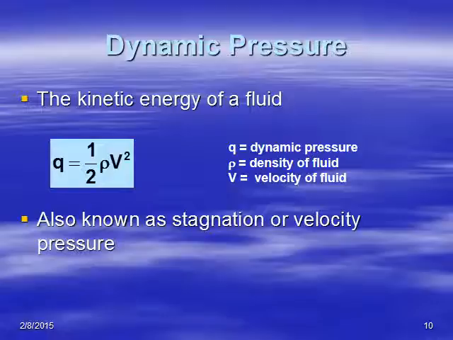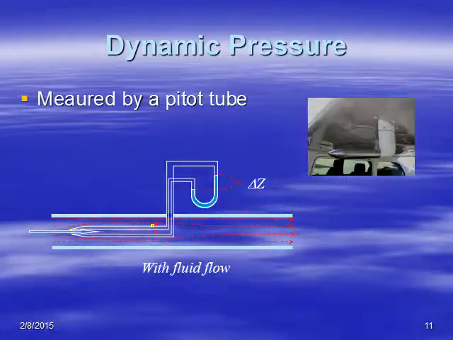So basically, if you're moving along and you're able somehow to slow the air down, I guess by a flat plate against the wind, as the wind strikes the flat plate, that's your dynamic pressure. I should also say the dynamic pressure is measured by a pitot tube in airplanes, so that's measuring strictly the ram pressure.